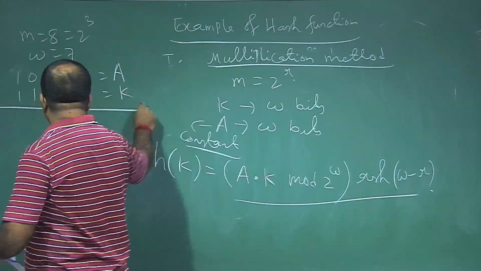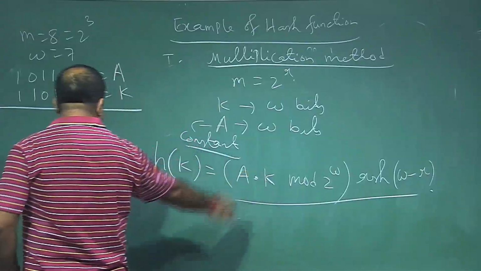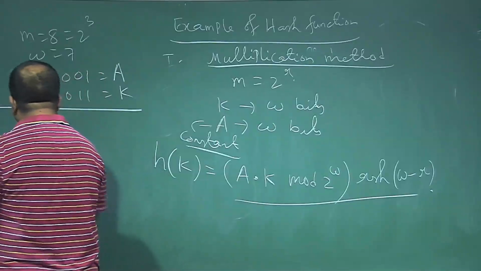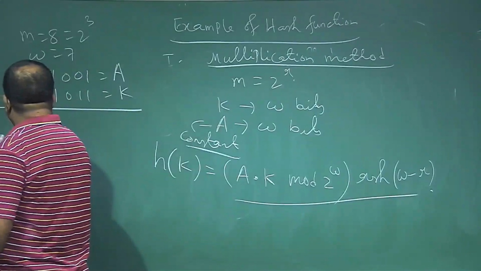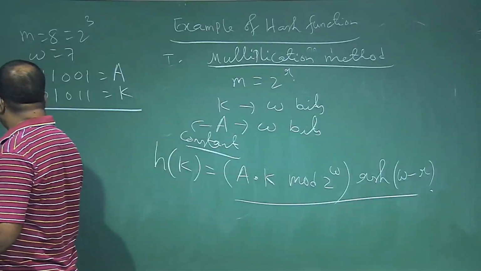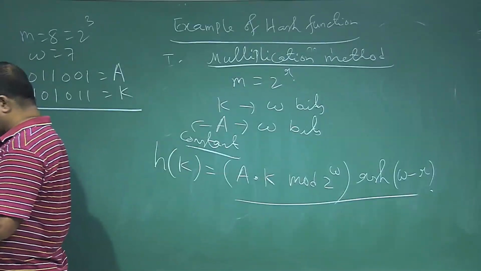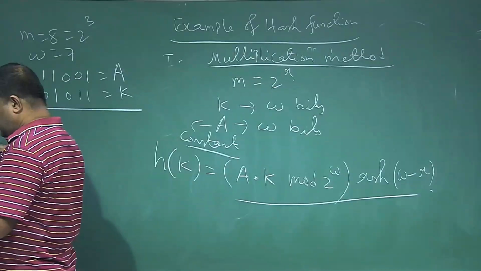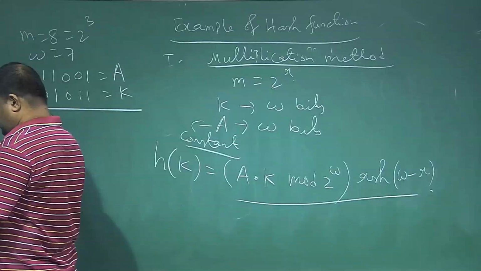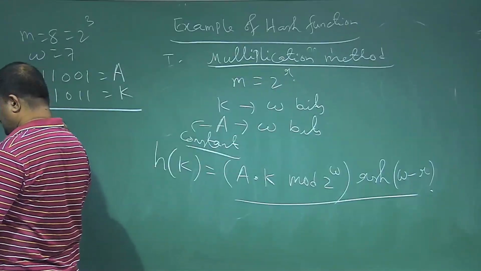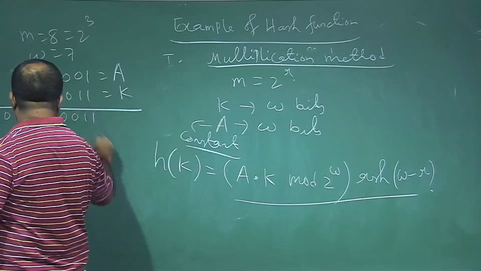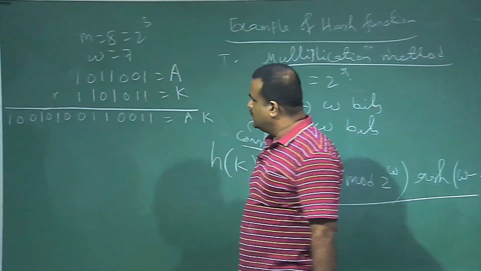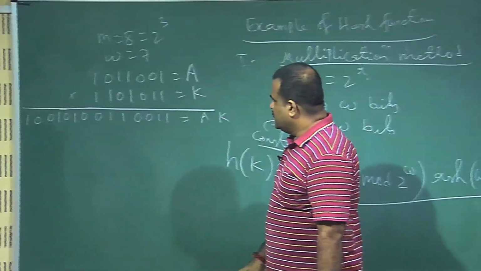So, now we have to apply h of k by this formula. So, we have to do a times k. If you do this, then we will get a 2w bit number, that means 14 bits. So, 1 0 0 1 0 1 0, then 0 1 1 0 0 1 1. So, this is basically a times k. Okay. So, this is just 14 bits.